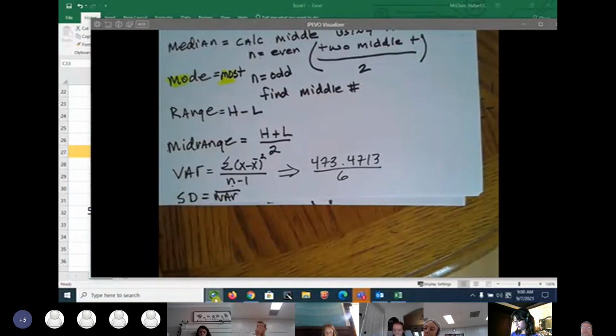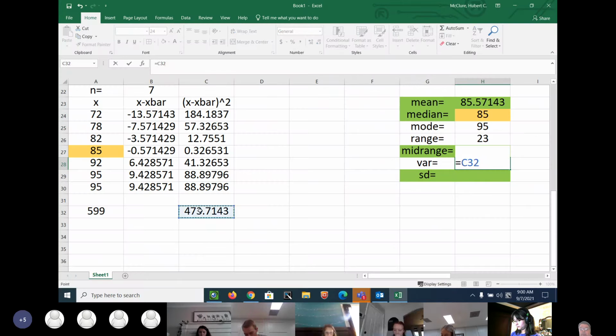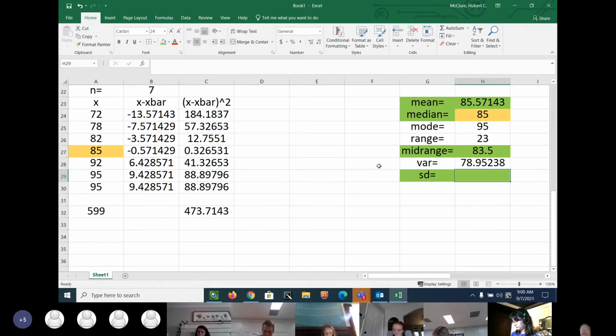So I'm going to do that on the spreadsheet. My variance is going to be equal to this cell divided by parentheses 7 minus 1 close parentheses. I got 78.95.